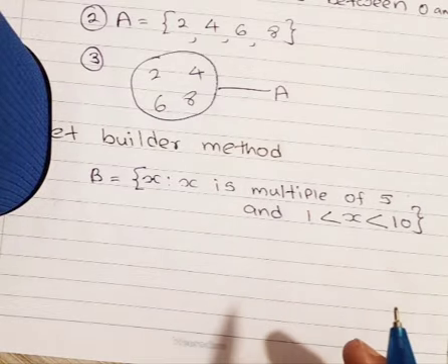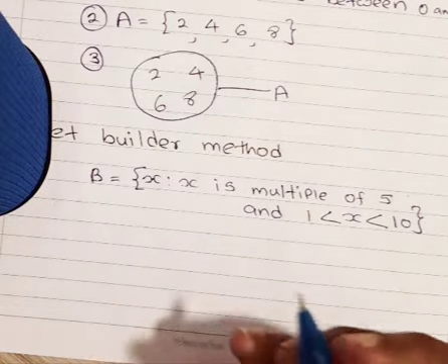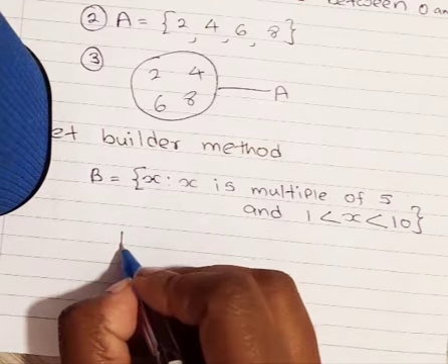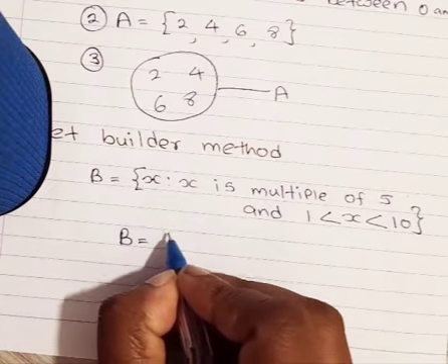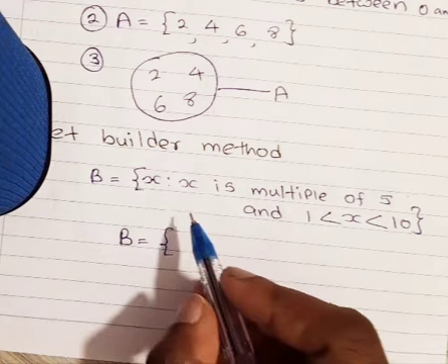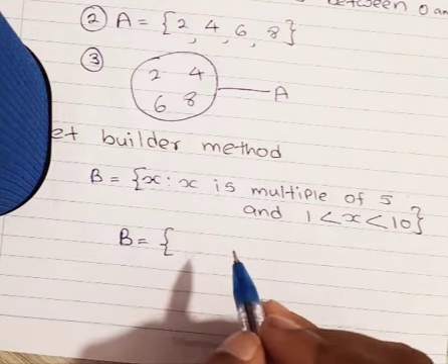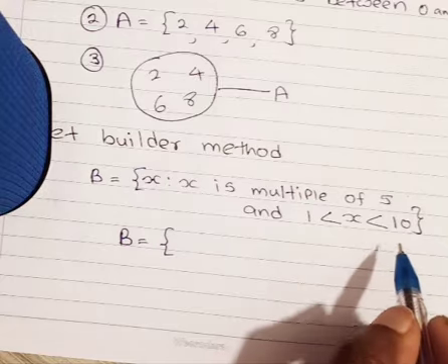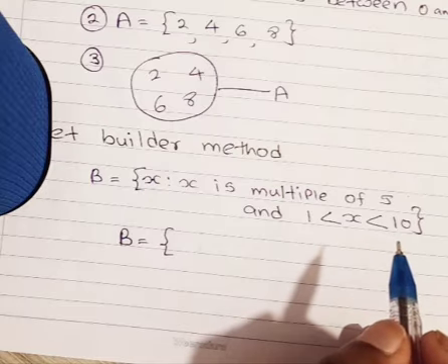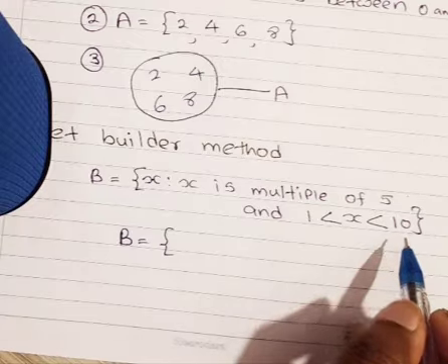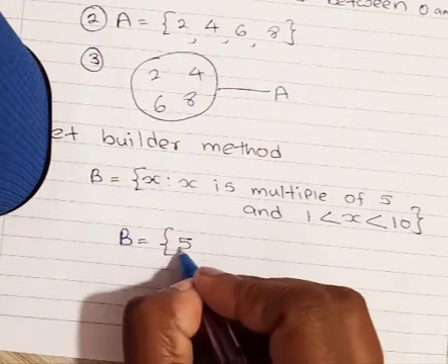The set B can be expressed by the elements, the multiples of 5. 5 times 1 is 5 and 5 times 2 is 10. You can't take 10 because x is less than 10, so you can take only 5 here.